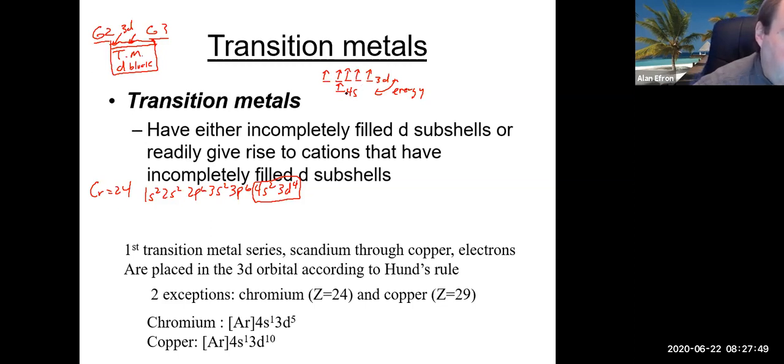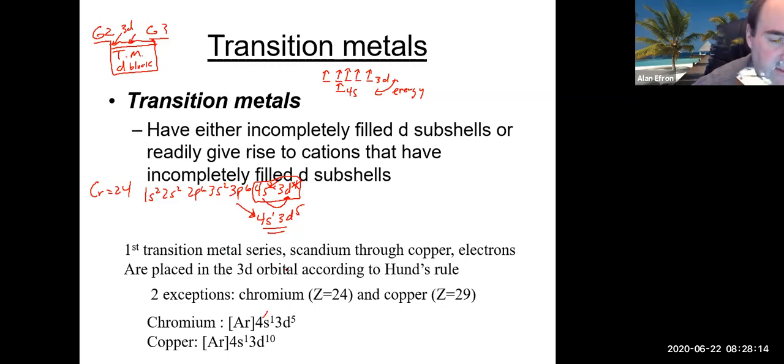In the case of chromium, you can see we've maximized our parallel spin, which is important, the way that those electrons go into the atom. So the exception is here. We have one more electron up in the d, one less electron in the s, and that's how we get our 4s1, 3d5 at the end of the configuration.